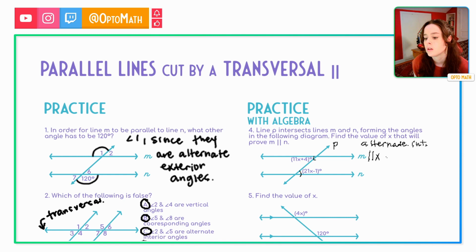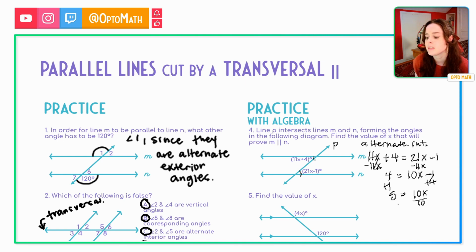11x plus 4 equals 21x minus 1. We could subtract 11x from both sides. That's a 0 over here, and we have 4 equals 10x minus 1. We'll add 1 to both sides, and that's a 0. We'll get 5 is 10x.